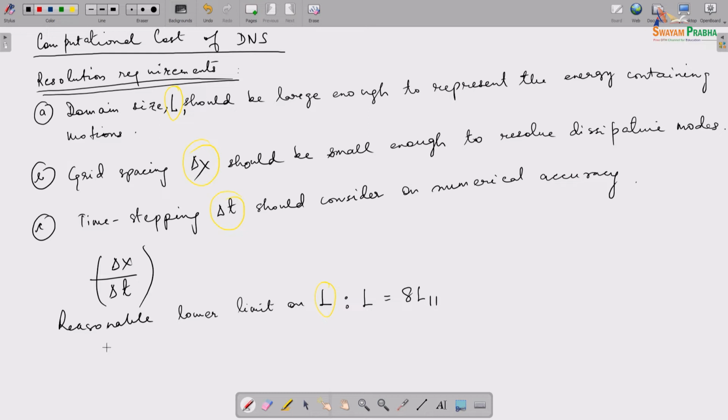k naught, if you remember, is the lowest wave number. So the wave number space is essentially equal to this, where k naught is the lowest wave number. Let me also define what I am talking about, wave numbers. So L11 is essentially the integration scale.